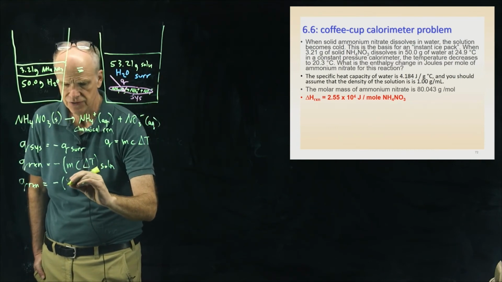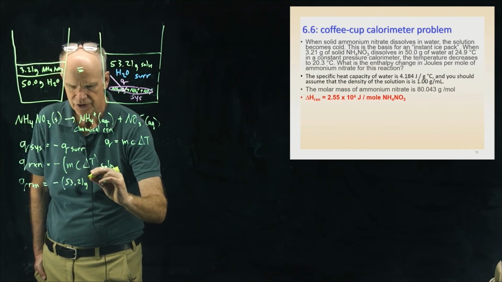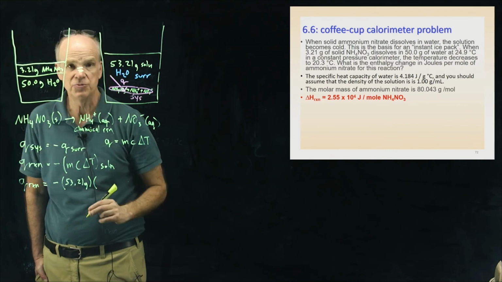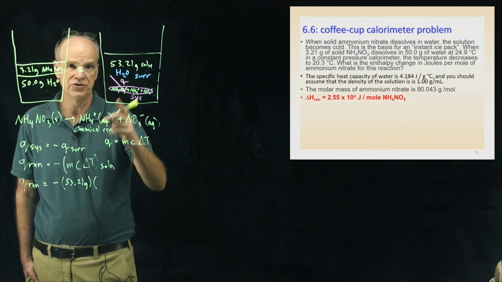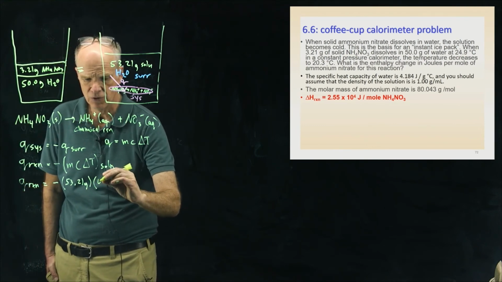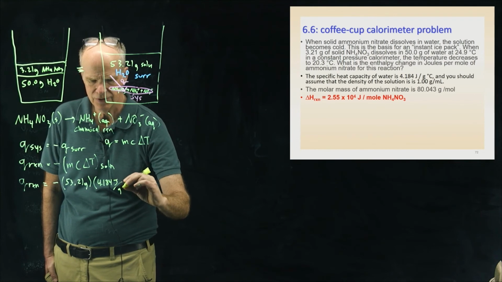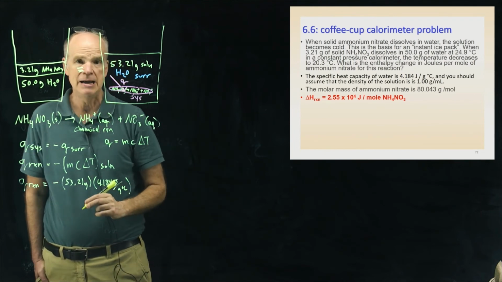So it's going to be 53.21 grams times a specific heat capacity for the solution, which we assume to be the same as water. So that is going to be 4.184 joules per gram degrees Celsius times the temperature change.